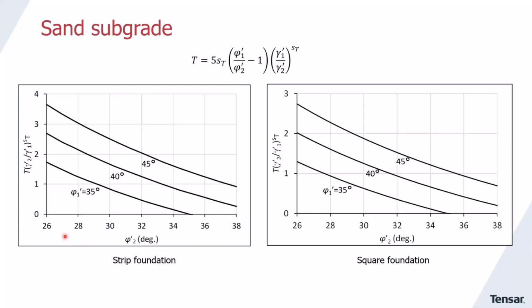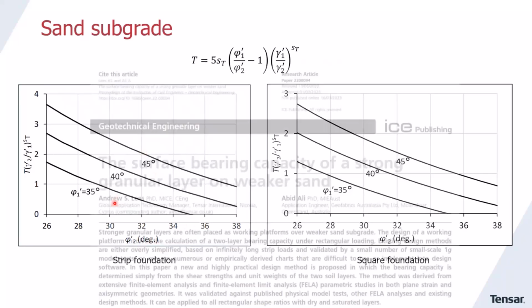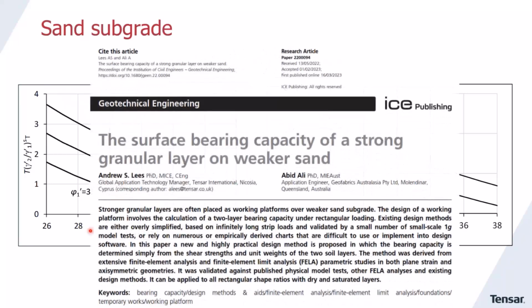You can see a similar effect: the transfer efficiency decreases with the strength of the subsoil. And again, all of this is available in peer-reviewed published papers.